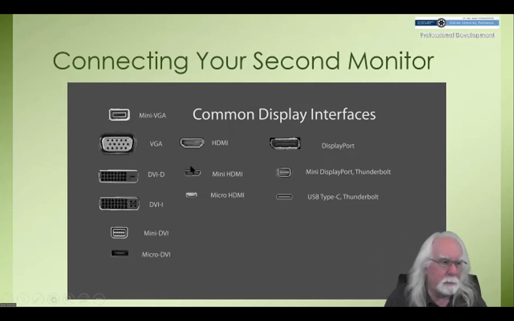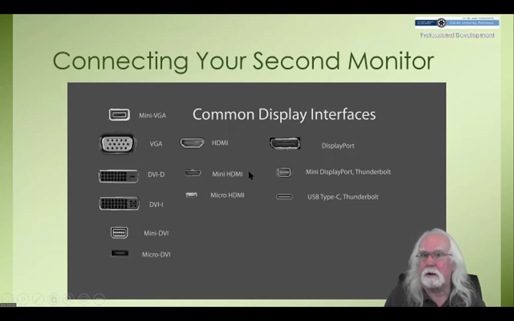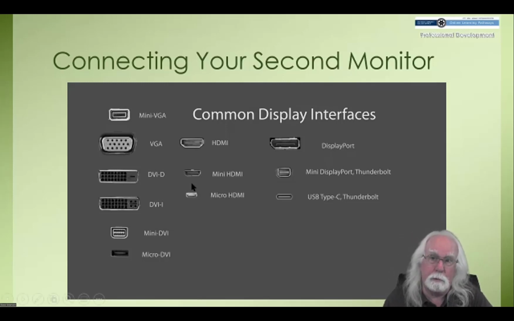And this bewildering variety of video interfaces on the computers and monitors you can buy means that can be a little bit of a challenge. So I'm going to spend a lot of time today talking about that and giving you some information about where to find these cables if you don't happen to have the one that will work already.